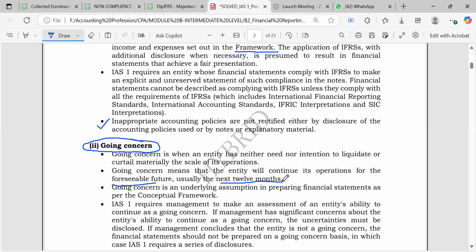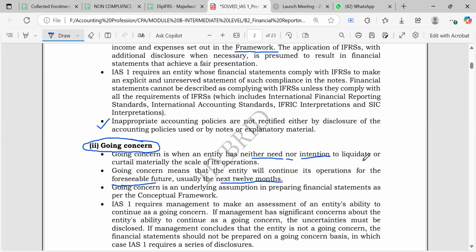So that's why in the definition, we usually say that going concern is when an entity has neither need nor intention to liquidate or curtail materially the scale of its operations. Simply speaking, take these two last matters: curtail materially the scale of its operations, or liquidate. If you do liquidate, it means you close down everything, so that is obviously a threat to going concern.